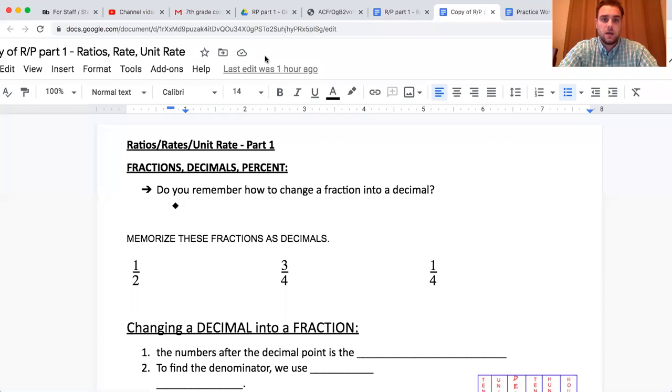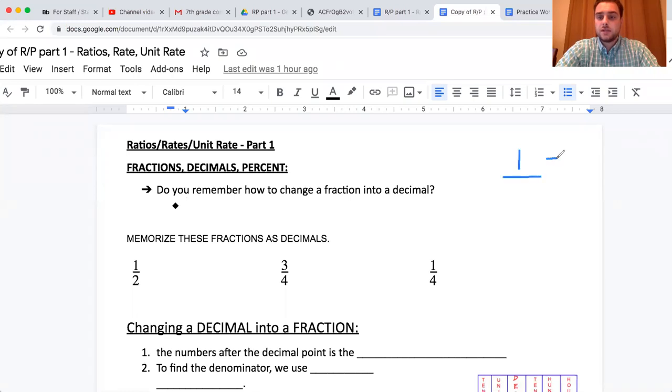Okay, so the very first thing we're going to talk about is how to turn a fraction into a decimal. Okay, so whenever we're going to talk about turning a fraction into a decimal, we're really going to have to talk about numerators and denominators. Okay, so a numerator, for those of us that might have already forgotten, is going to be the top number in a fraction.